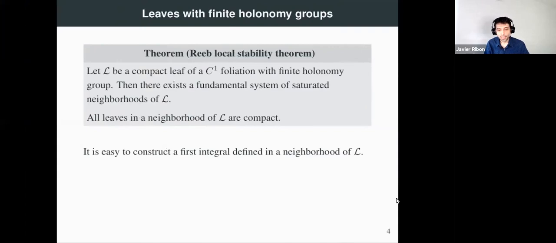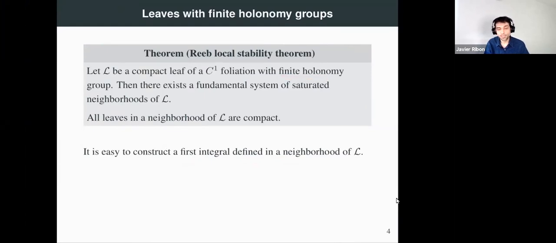Okay, and it is easy to construct a first integral, so a function that is constant on leaves, defined in a neighborhood of L, because it's just considering functions that are invariant by the action of this finite holonomy group.